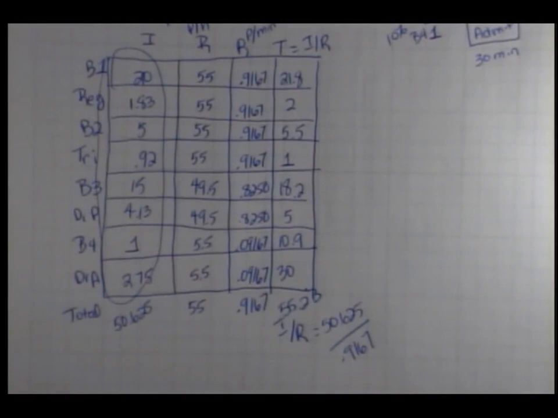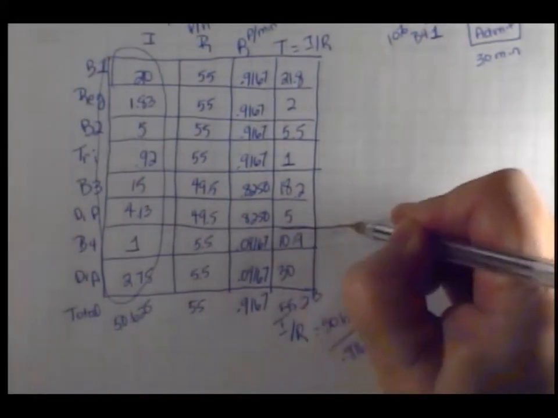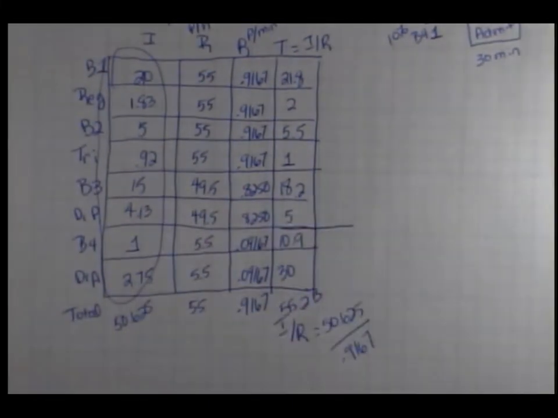So the question that we want to ask ourselves is, first off, how long does a patient spend in the prescription process? And what we're going to do is sum up everything from buffer 1, registration, buffer 2, triage, buffer 3, and doctor prescription.